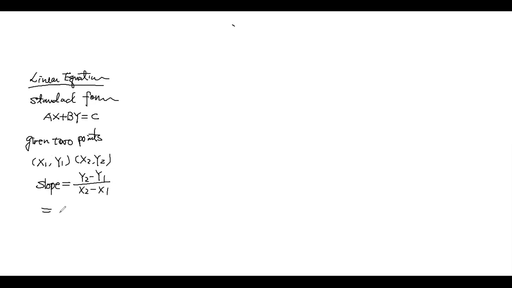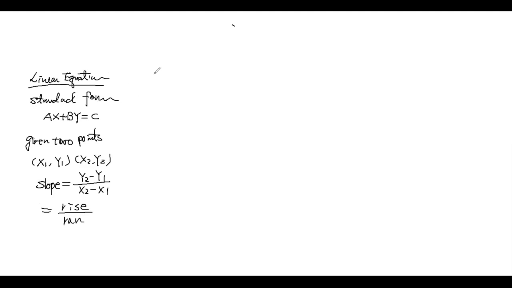Most students remember we call this rise over run. That means how much the y increases over the interval the x runs. This is a brief review of what we did before.